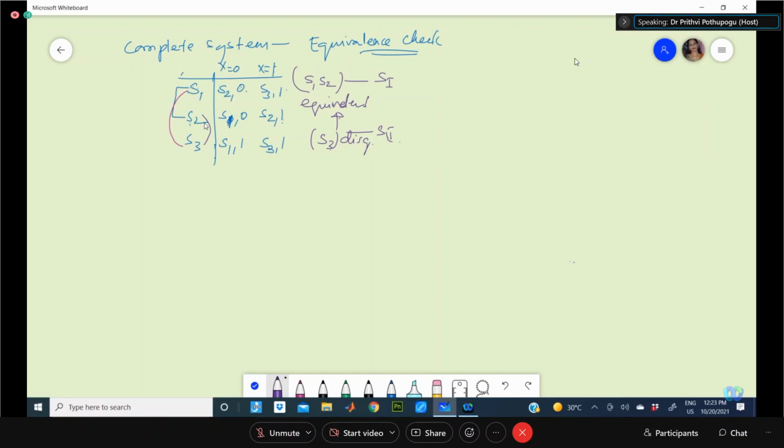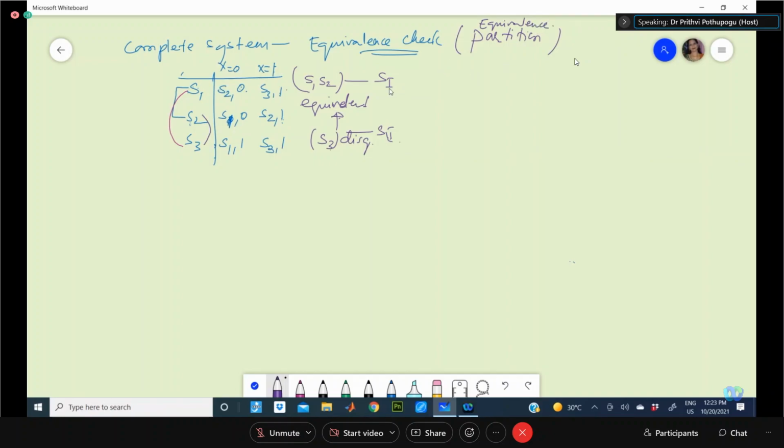Then we can group them together and minimize. That check of minimization we call partitioning. Partitioning based on equivalence, so equivalence partitioning. This is the method or approach.